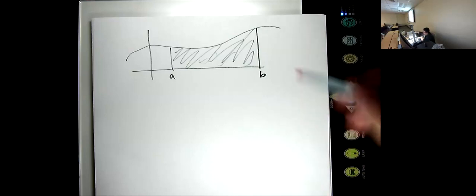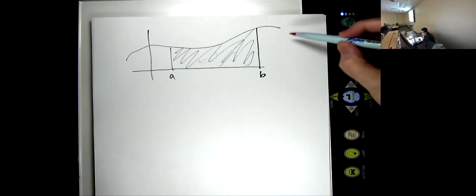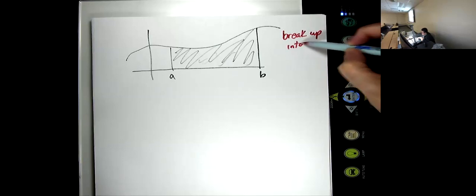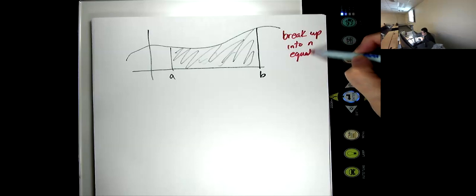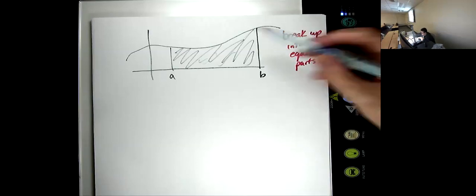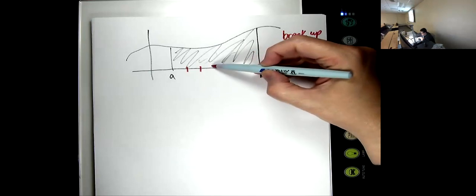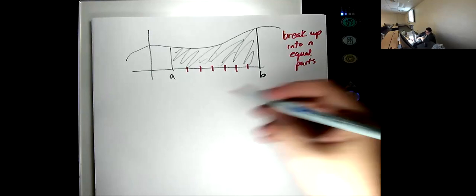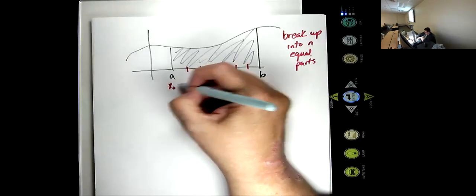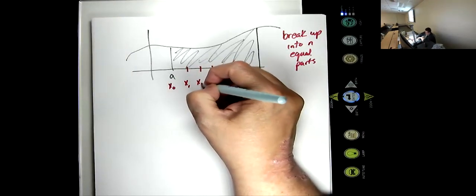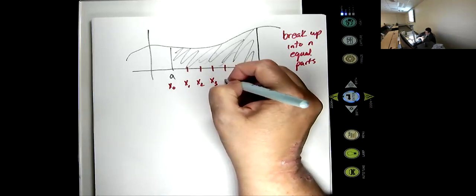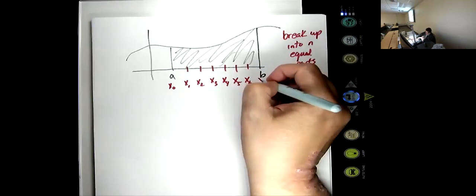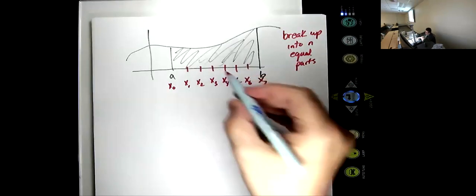We're going to break it up into n equal intervals. So A is x sub 0, this is x sub 1, x sub 2, x sub 3, x sub 4, x sub 5, x sub 6, x sub 7 is B.